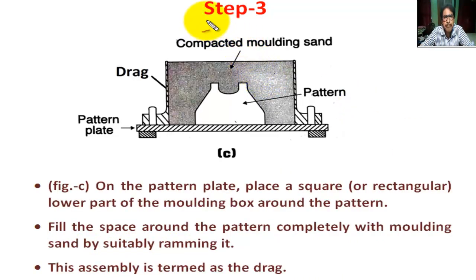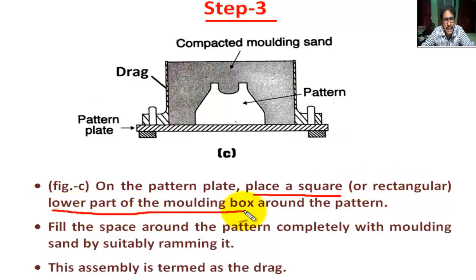Now step 3. This is Figure C. On the pattern plate, place a square or rectangular lower part of the molding box around the pattern.